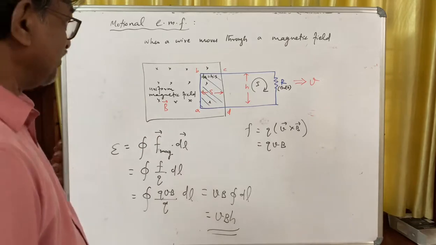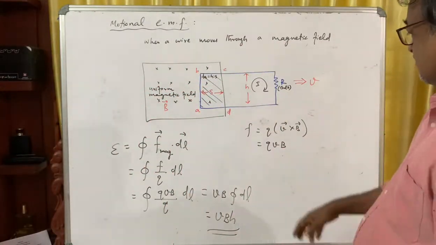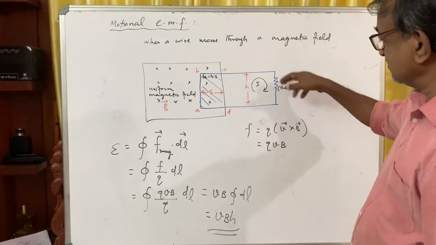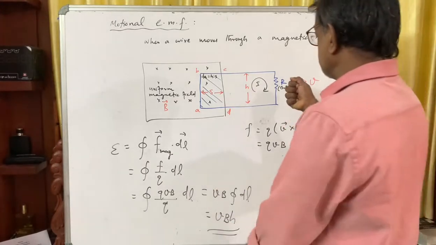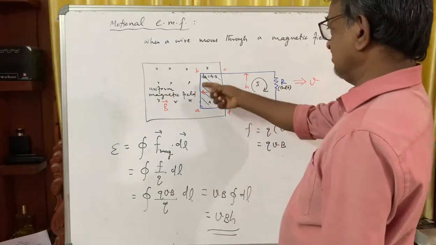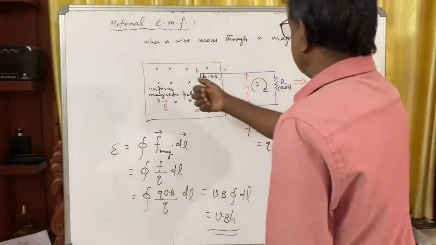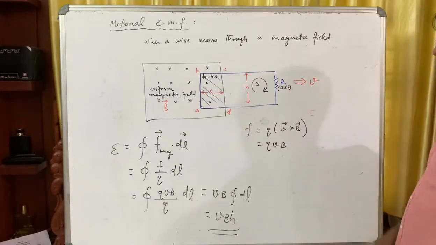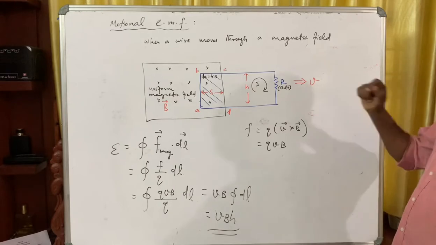In this magnetic field we have a wire, and an LED bulb is connected here with resistance R. This ABCD section of the wire is inside the magnetic field, and it is pulled towards the right with a velocity v.